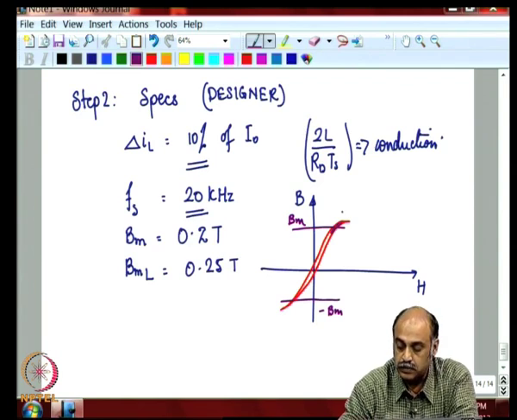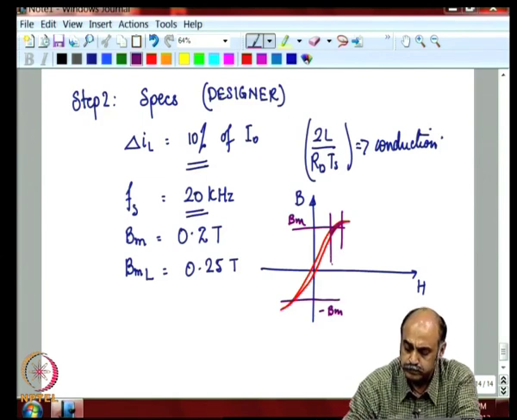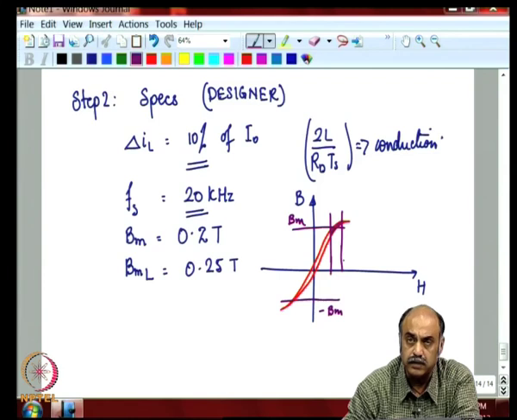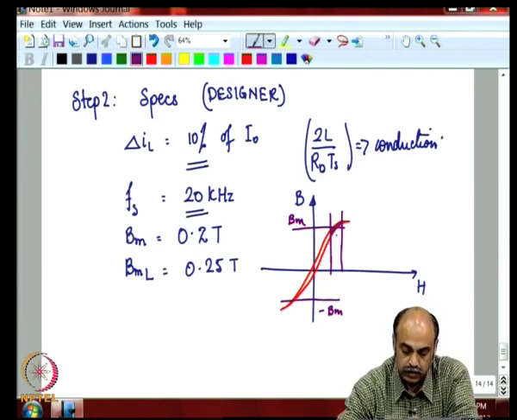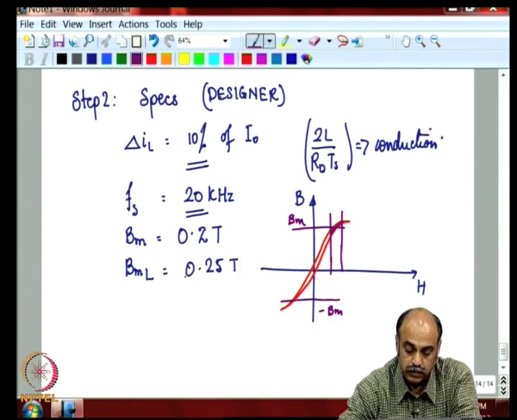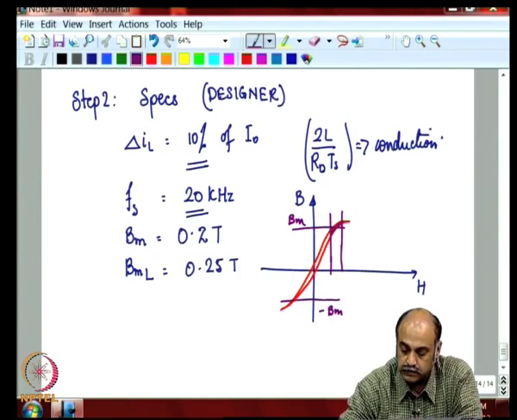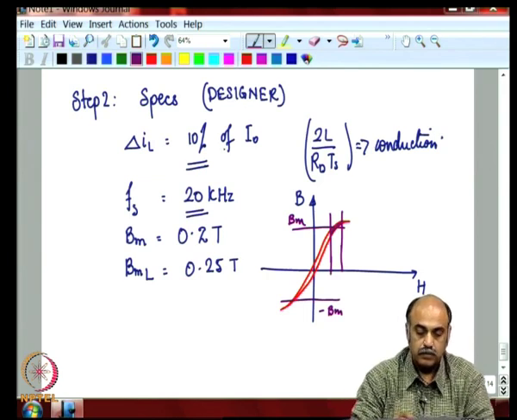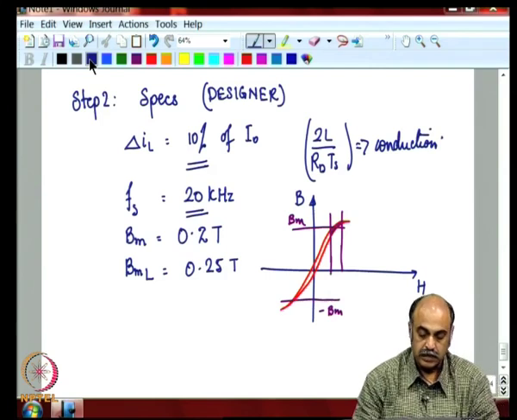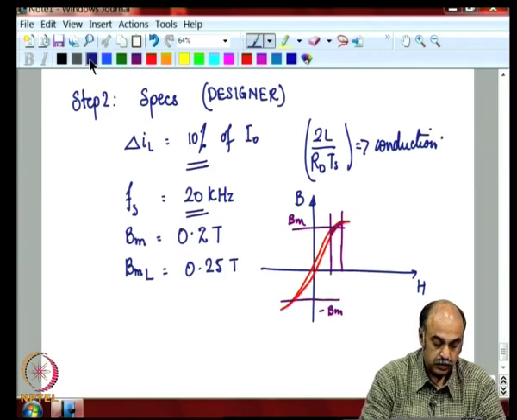It is around these values, because the current ripple is within this band, and therefore you can afford to take a slightly higher value of the operating flux density in the case of the inductor than the case of the transformer.